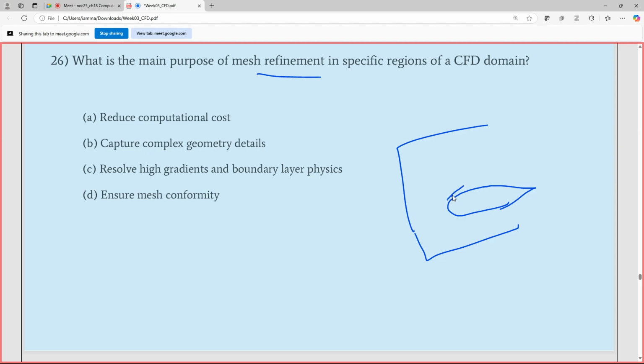So mesh refinement is mostly given in the regions where boundary layers or regions where high gradients of velocities or fluid properties exist. These refinements are needed mostly to capture this.